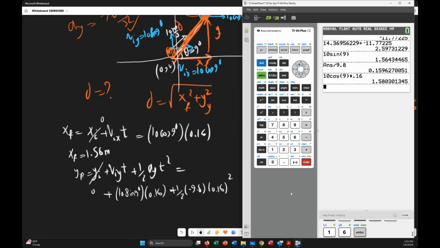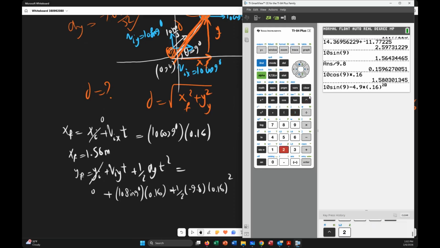Okay, let's do this. 10 sine of 9, minus 4.9 multiplied by 0.16 to the power of 2.